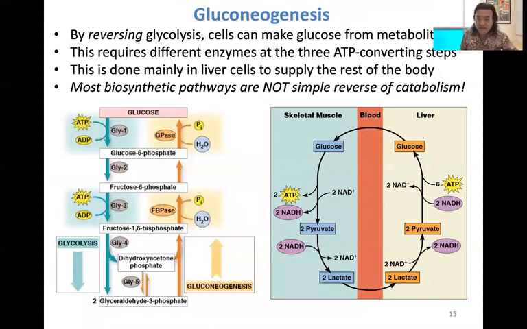So gluconeogenesis takes that principle of having a chain of enzymes that are going in one direction. And if those enzymes don't really require energy to make the pathway go in a particular direction, from reactant to product, then that chain can be reversible, right? So gluconeogenesis in many ways is the reverse of glycolysis.